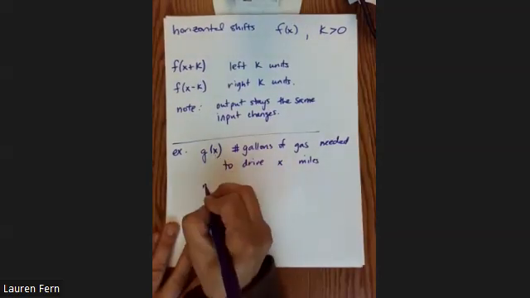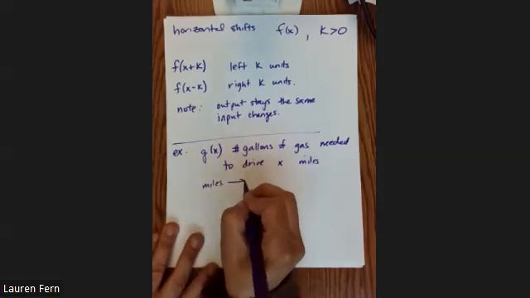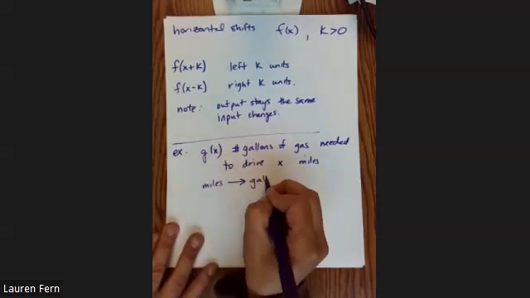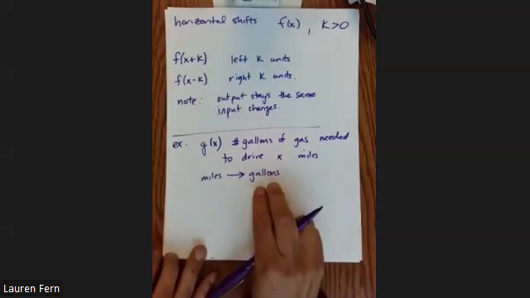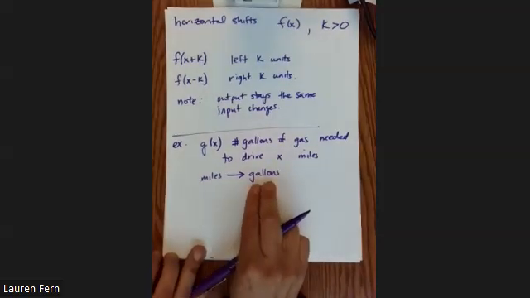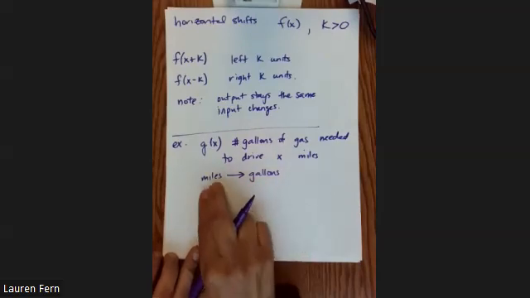Okay, so my input is miles and my output is gallons. And I think you'd grant me that the number of gallons of gas needed certainly depends upon how many miles you're traveling.